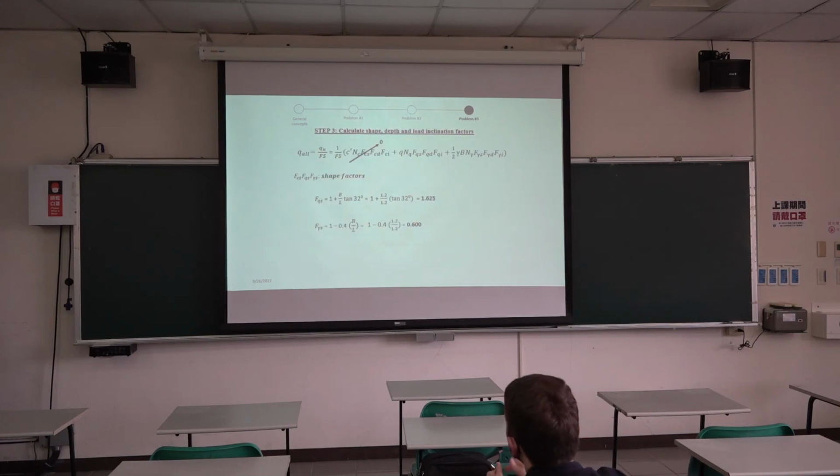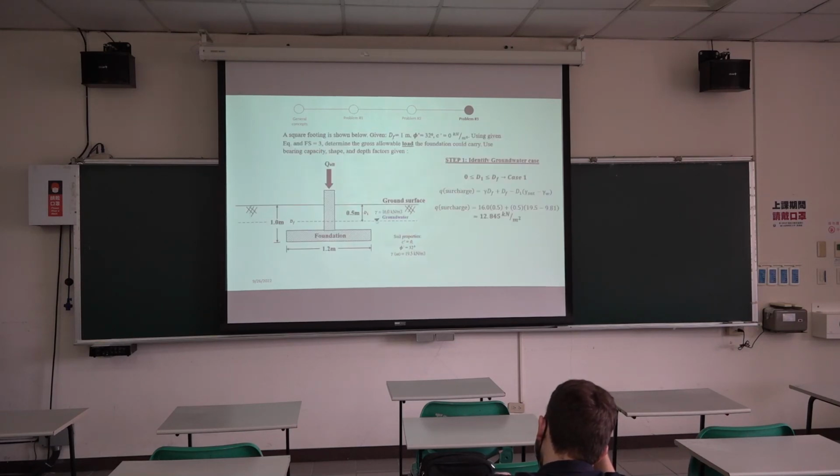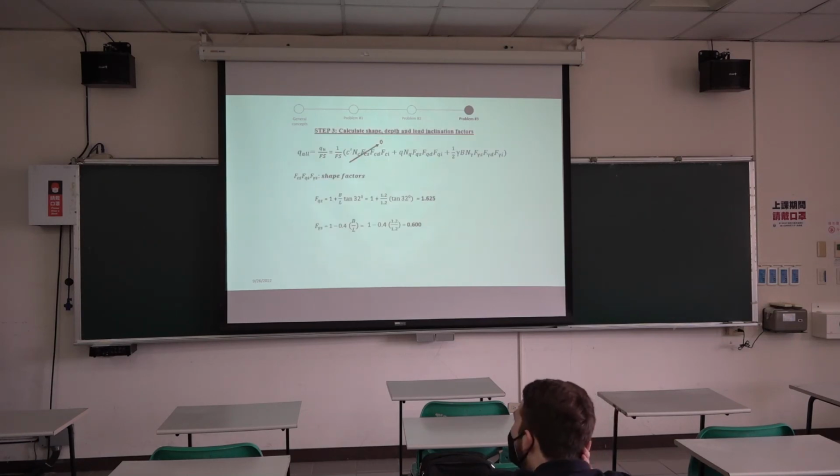The third step is to calculate the shape, depth, and load inclination factors, with the same procedure as before. Just to remind you, this is a square footing, so the width and the length are the same, 1.2 and 1.2. So if you come to calculate these factors, just put 1.2, 1.2, and you get your values.